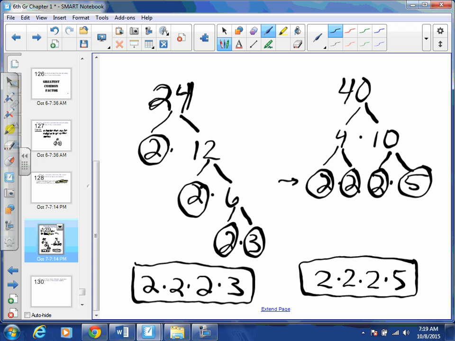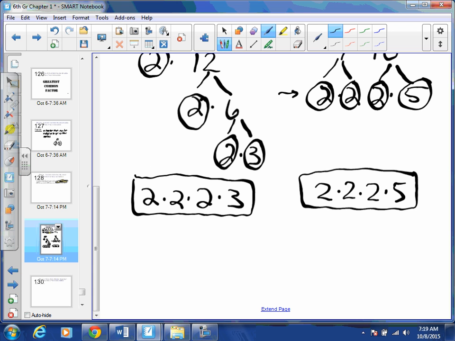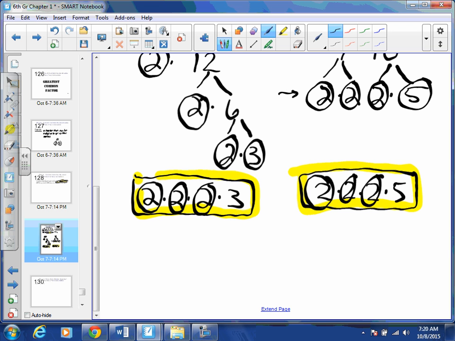Now, to find the greatest common factor, you take the prime factorizations of these numbers and you look at those and find out what they have in common. The prime factorization of 24 has a 2, and the prime factorization of 40 has a 2. Here's a second 2 in both of them. Here's a third 2 in both of them.